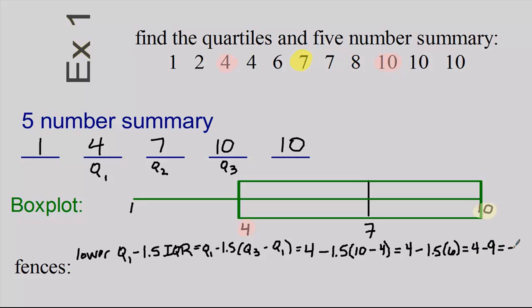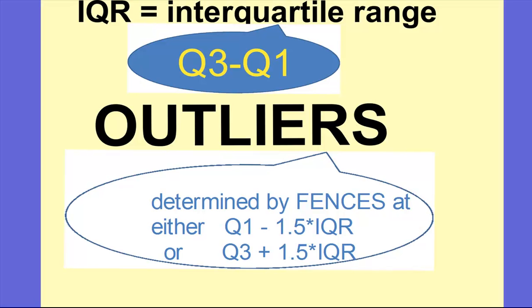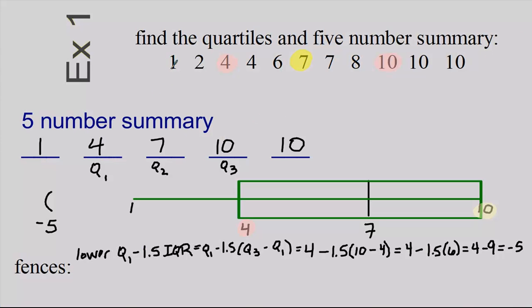So 4 minus 9 is negative 5. So on my box plot, which is based off of a number line, I would put a fence, think of it as an open parenthesis, at negative 5. If I had any values that were less than negative 5, then by definition I would have an outlier, and I would mark it with an asterisk. My data set does not show anything less than negative 5, so I have no lower outliers, but I have to check the upper outliers.